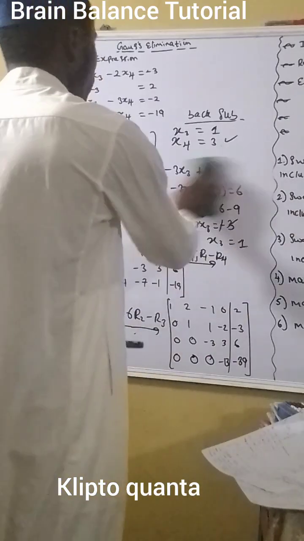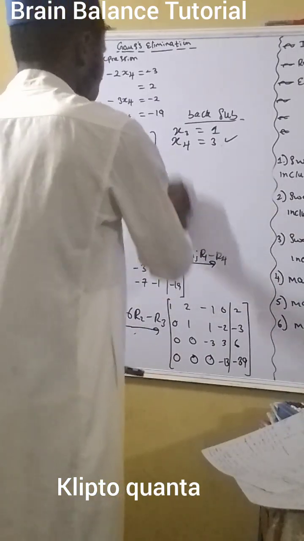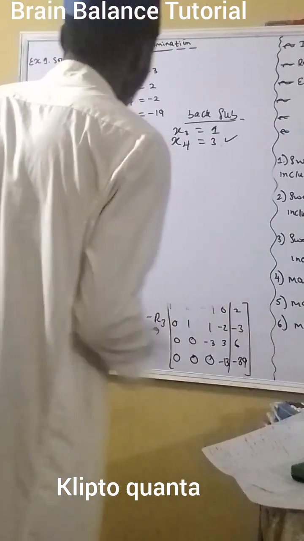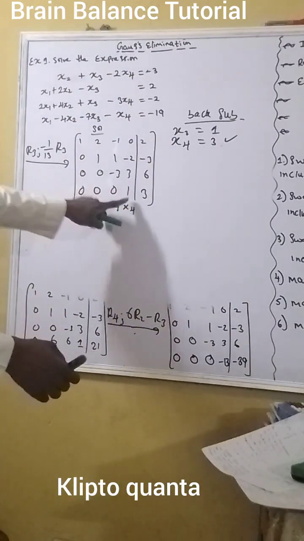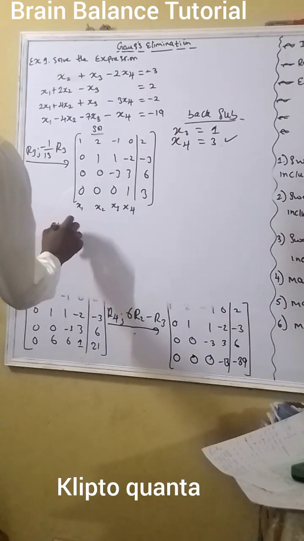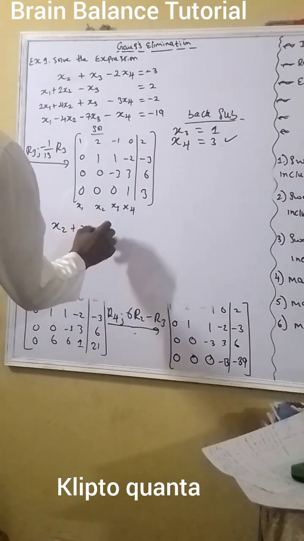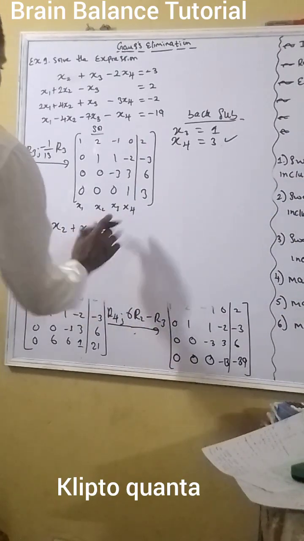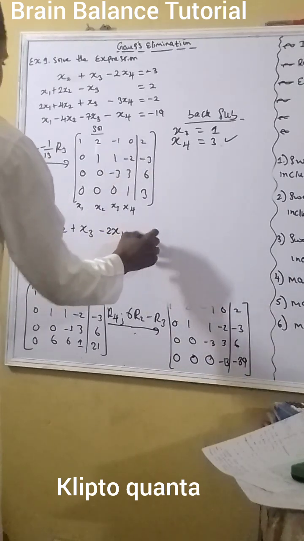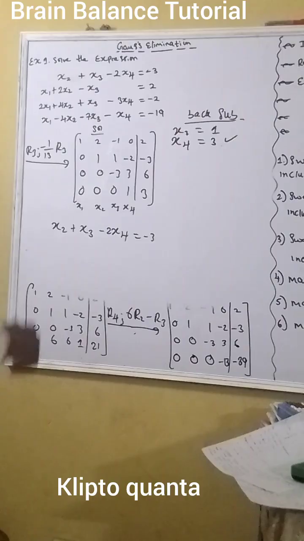Then moving on to the next one. So we have gotten that. That's why they call it back substitution. From here, we have x2 plus x3 minus 2x4, that's the third point here, equals negative 3. We've gotten x3, we've gotten x4.